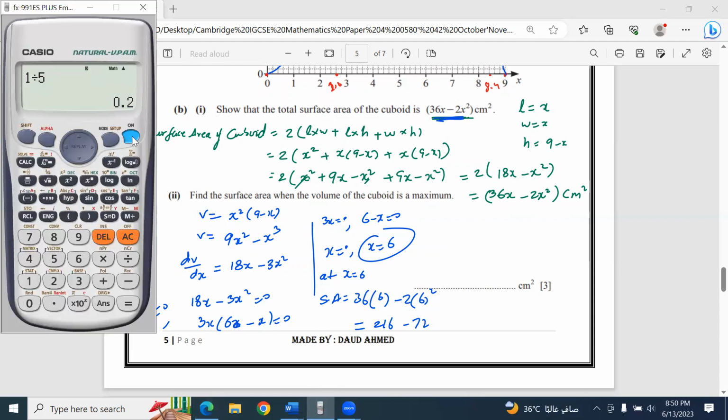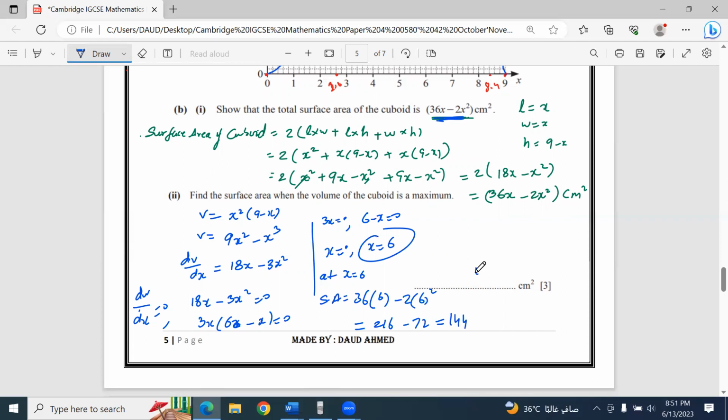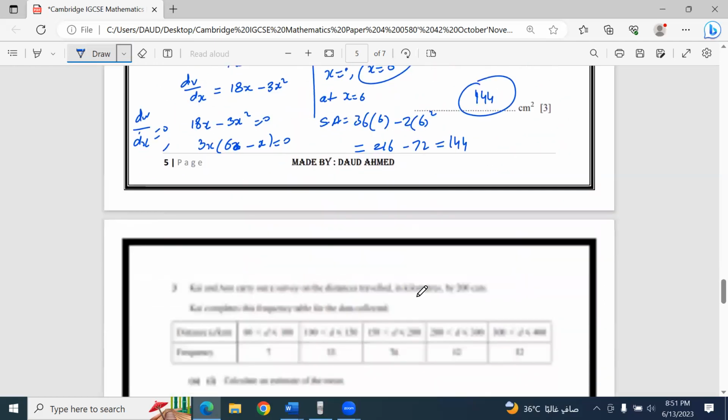So we can subtract 216 minus 72, that gives me 144. So this is our required maximum surface area at x equal to 6. I hope you get it.